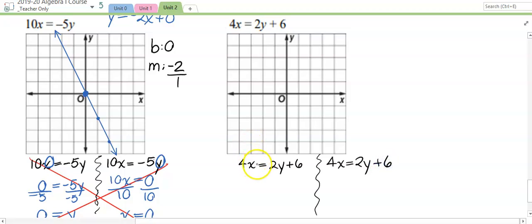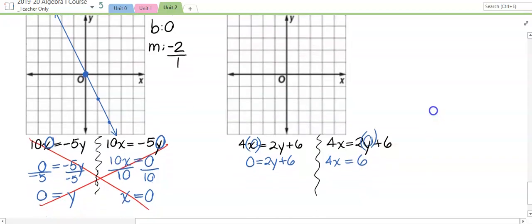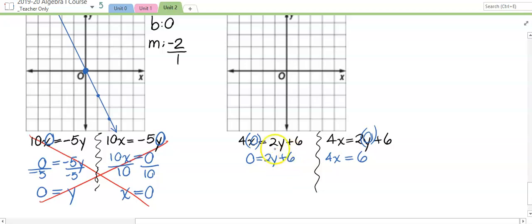I'm going to make x 0, then I'm going to make y 0 on the other side. 4 times 0 is just 0. 4x equals 2 times 0, that's just 0, plus 6. I just have to solve these and I will have the intercepts I need.